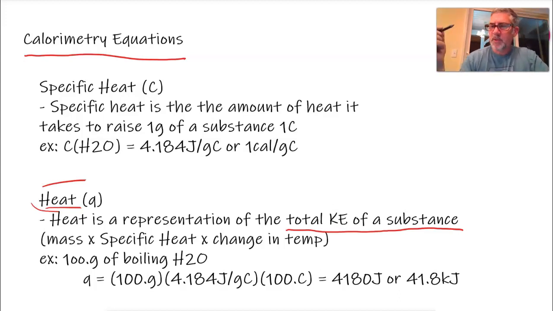So there's a couple of things that we have to talk about. The first is specific heat, right? Specific heat is the amount of heat it takes to raise 1 gram of a substance 1 degree Celsius.